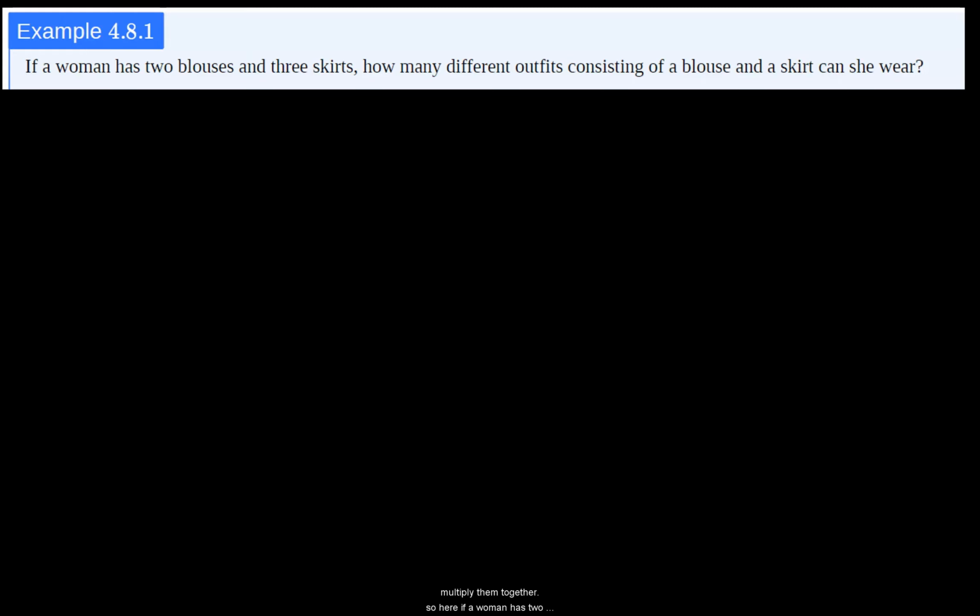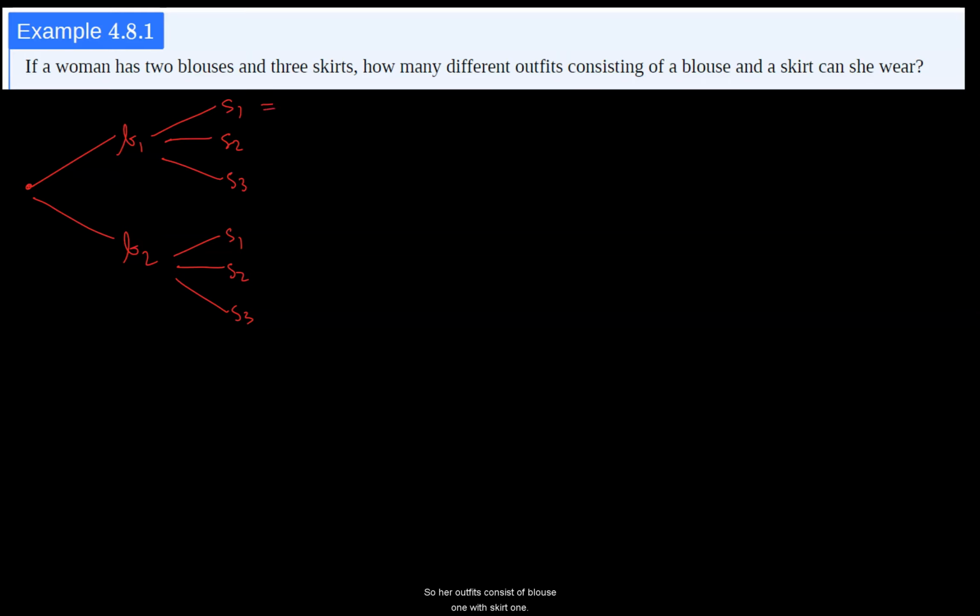So here, if a woman has 2 blouses and 3 skirts, how many different outfits consisting of a blouse and a skirt can she wear? We could turn this into a tree diagram, for example. We could start out blouse 1 and blouse 2. And then she has 3 skirts, skirt 1, skirt 2, skirt 3, skirt 1, skirt 2, skirt 3.